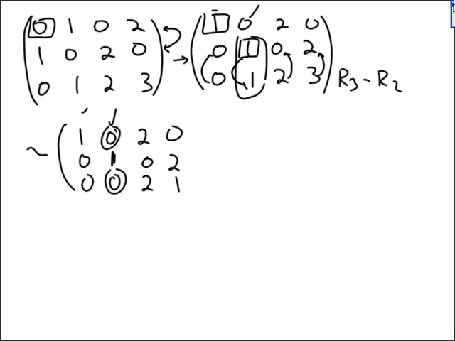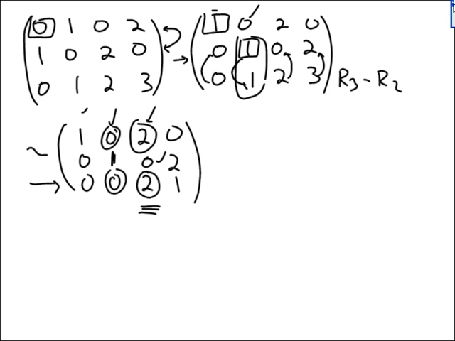Now I go on to row 3. Here is my first non-zero entry. I want to get what's above it to only be zeros. Well, I caught a break. That is a 0 right above it, but that's not a 0. It's a 2. Well, this is a 2, and that's a 2.